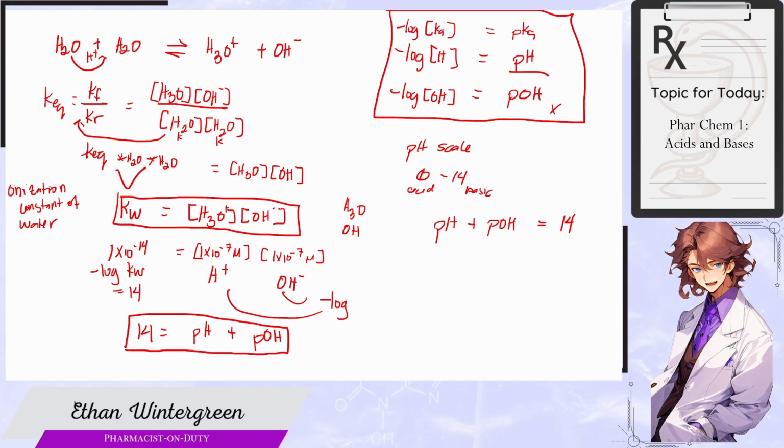The ionization constant Ka describes how strong an acid is. And since Ka is a very small number, we tend to apply negative log to make it a more manageable number, pKa. pKa describes the strength of an acid. The higher it is, the weaker the acid is, and the lower it is, the stronger your acid is. Similar to pH, in which if you have a low pH, you have an acidic substance. If you have a high pH, you have a basic substance.